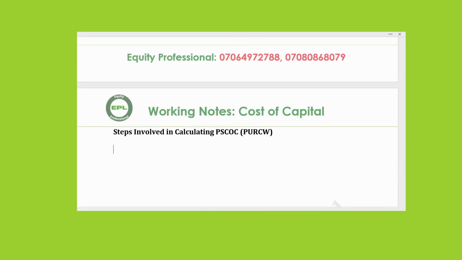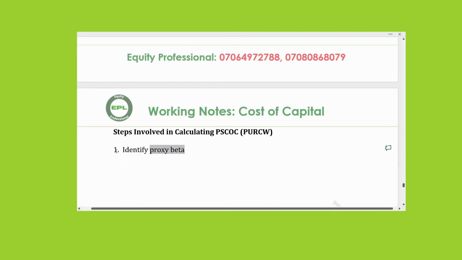So the first one says we should identify proxy beta. All right. So how do you identify proxy beta? You go to the question. When you are given a scenario, in the first paragraph, certainly the examiner is going to mention the name of the main company.